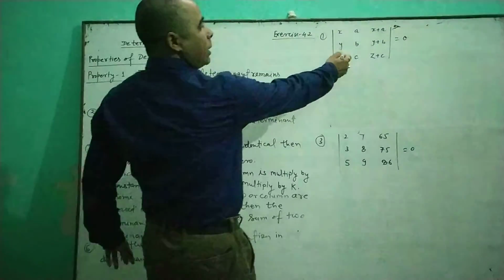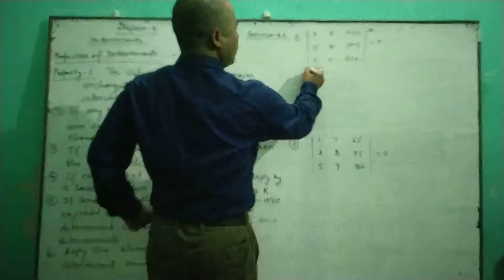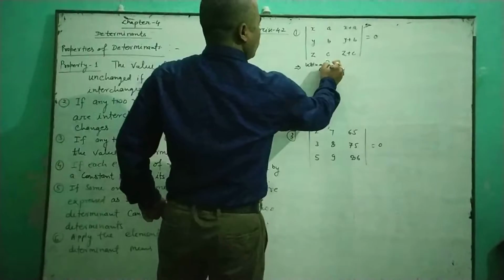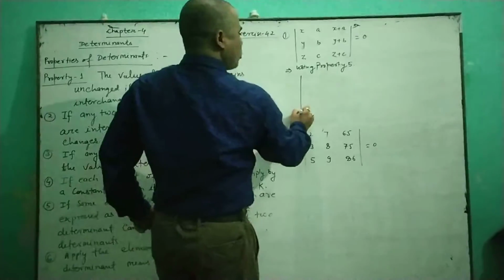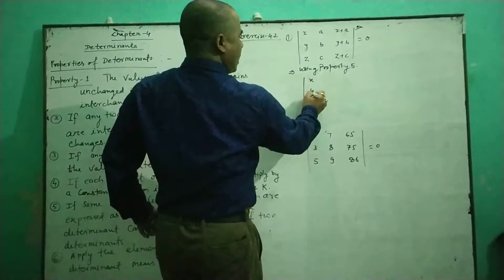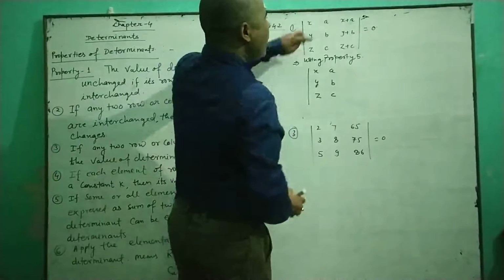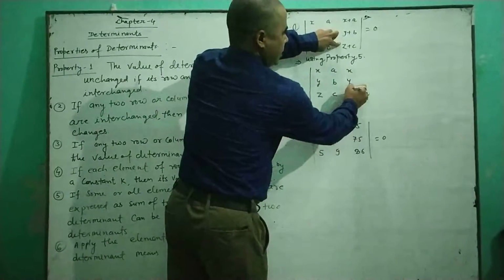In this question, suppose we have to write using property 5: x, y, z; a, b, c; and first element of this one x, y and z.